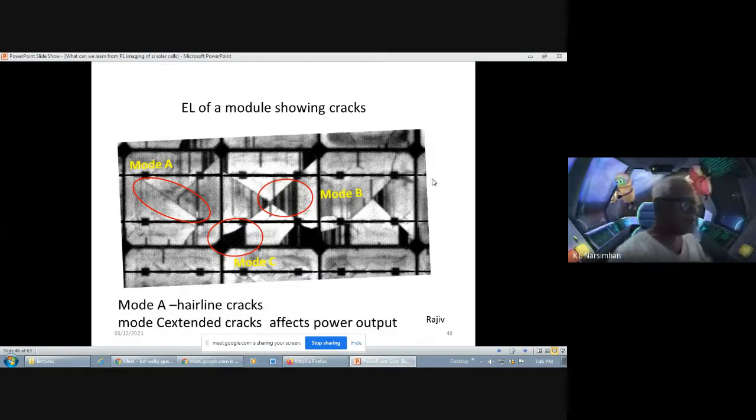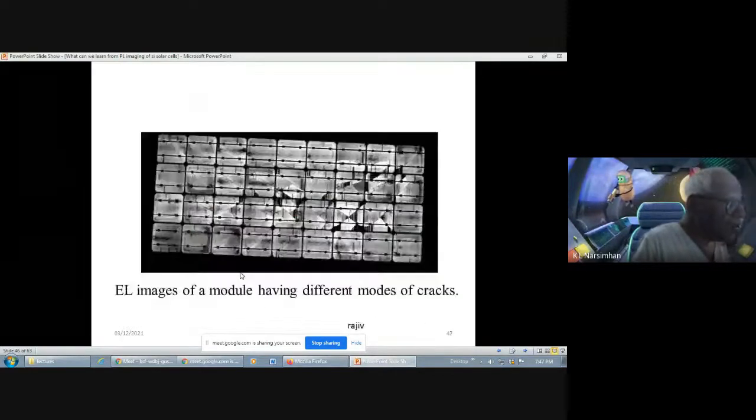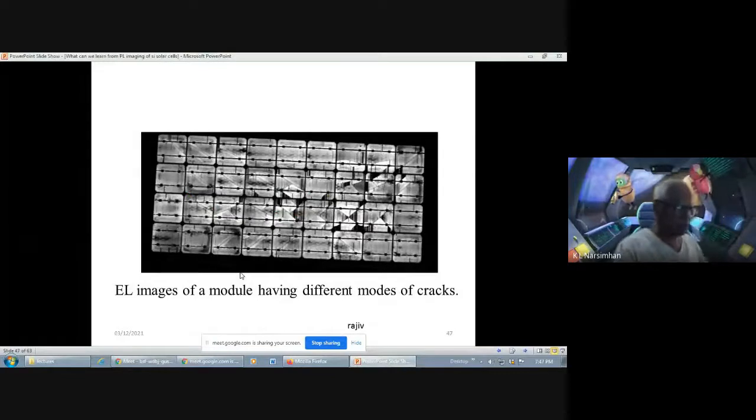When I do that, I see pictures like these, and that means I have cracks. So you see there are small cracks here, major cracks here, and of course some bright regions here. These cracks are what are responsible for the power. It affects power output. And here is another such example.